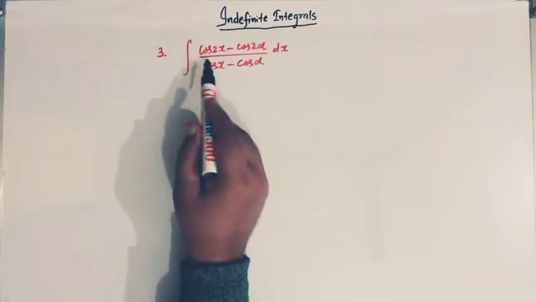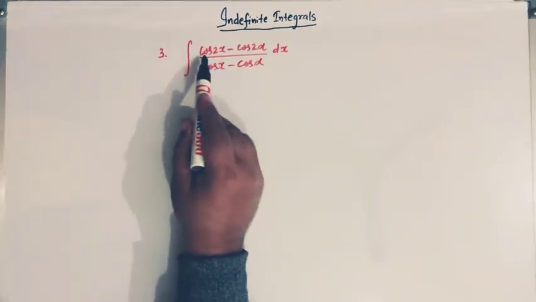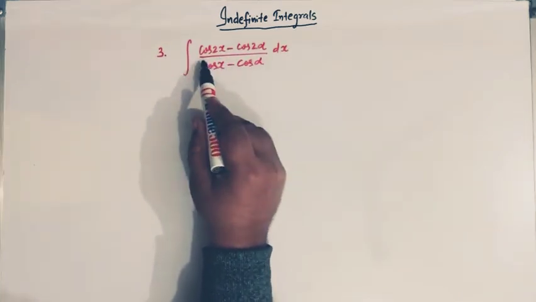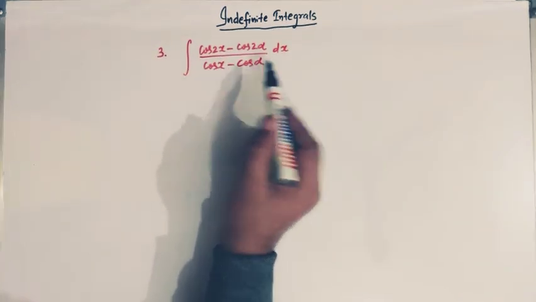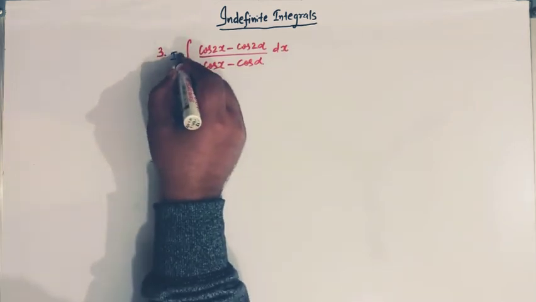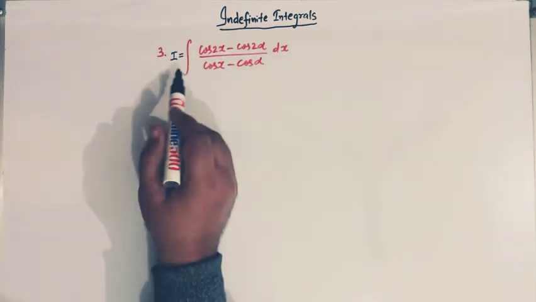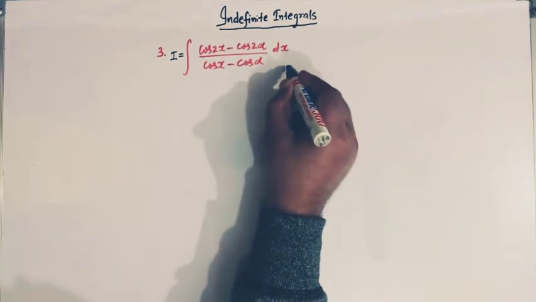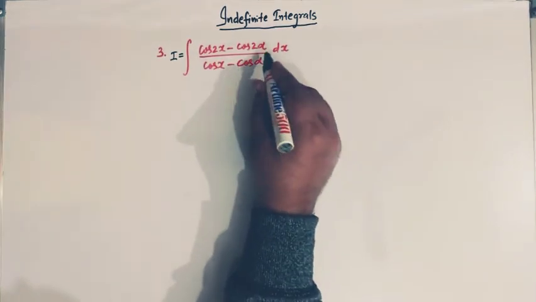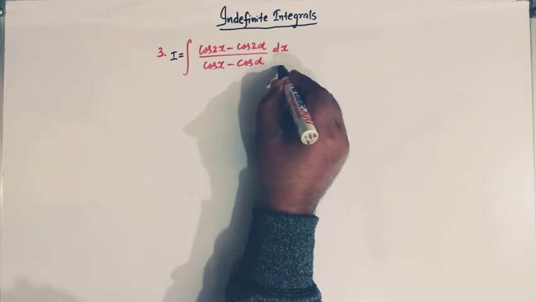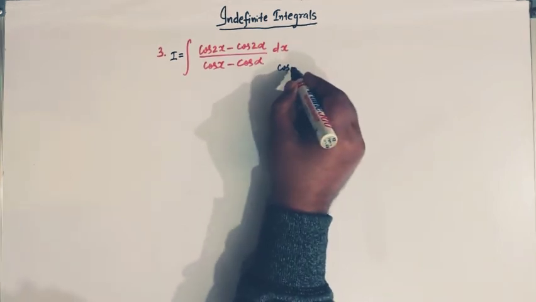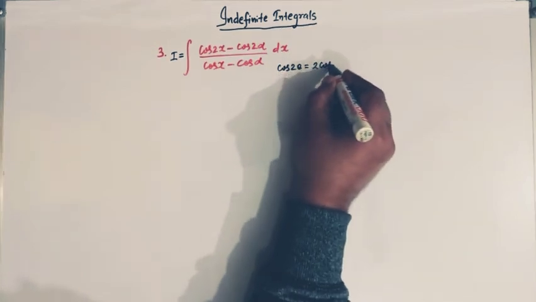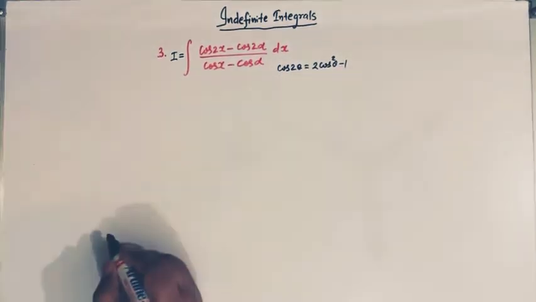So here we have to integrate this function cos 2x minus cos 2 alpha divided by cos x minus cos alpha. So let us denote this integral by I, and now here again we'll use the trigonometric identity, that is cos 2 theta is equal to 2 cos square theta minus 1.